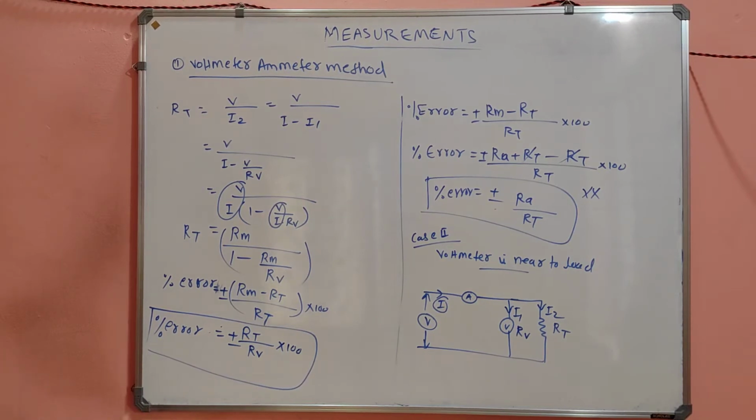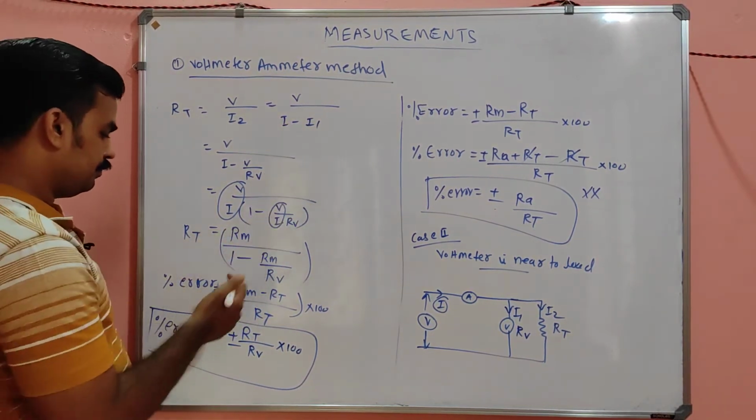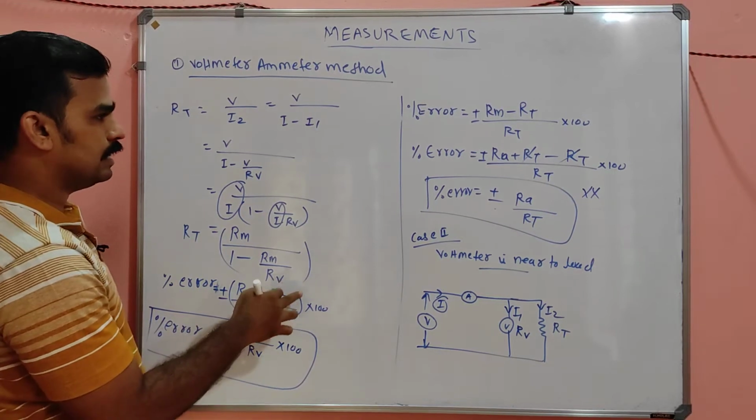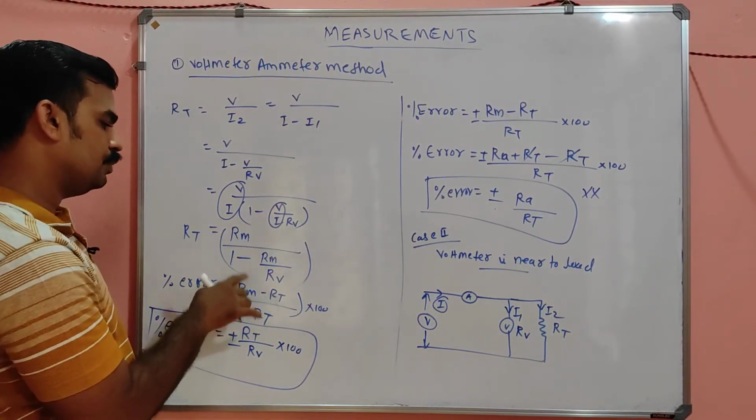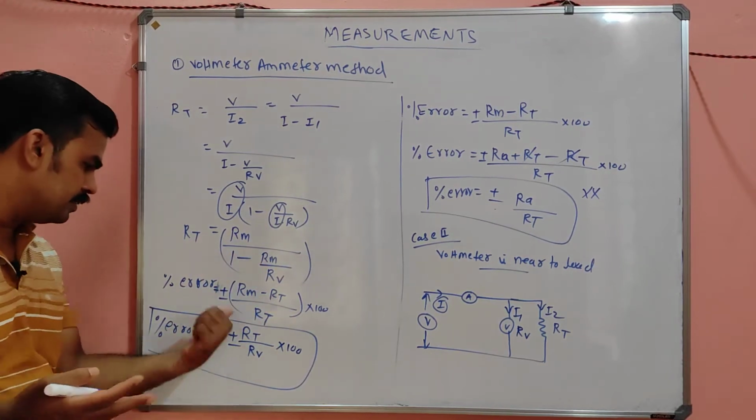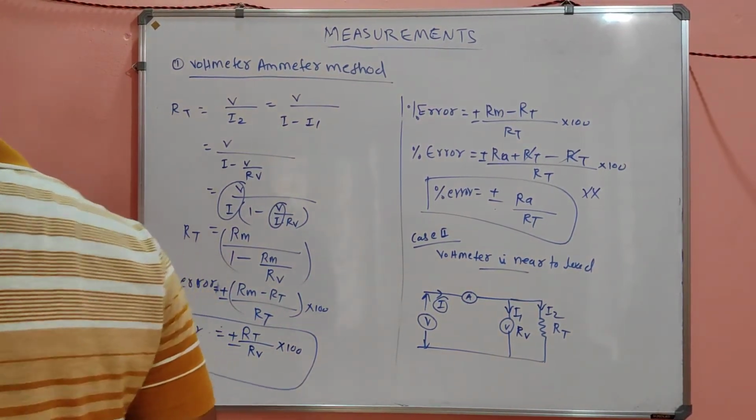You can solve it by yourself: take Rm minus RT, put in the expression for RT, and simplify, and you will get simply RT by RV into 100.